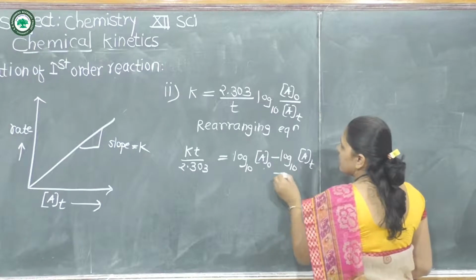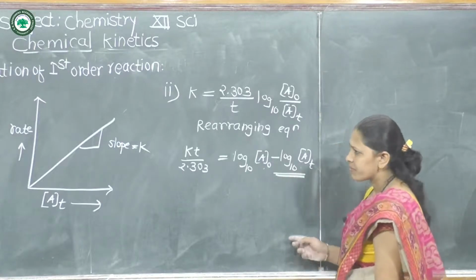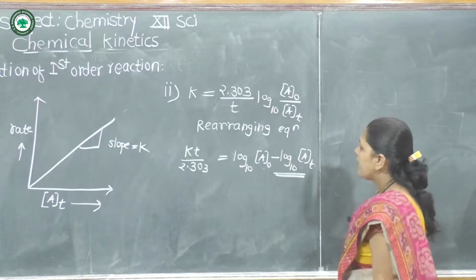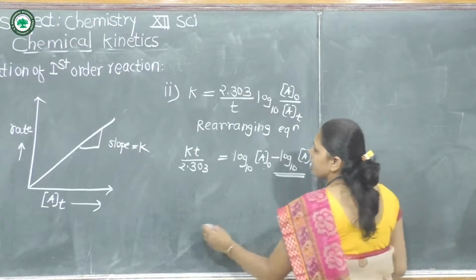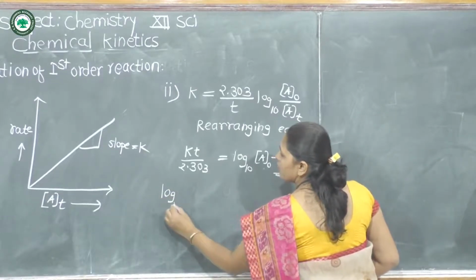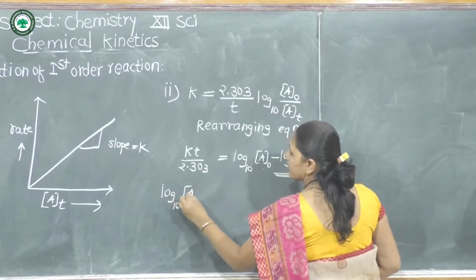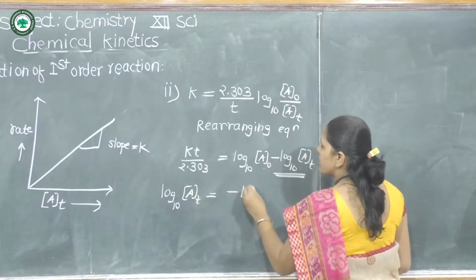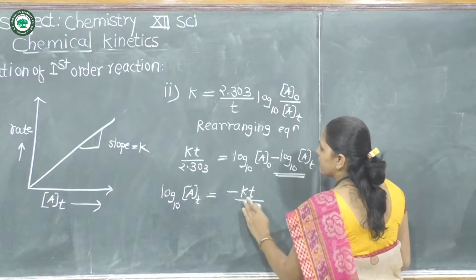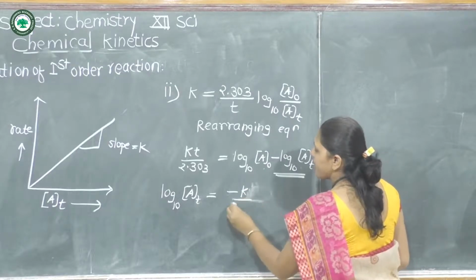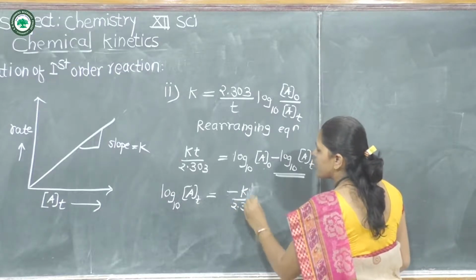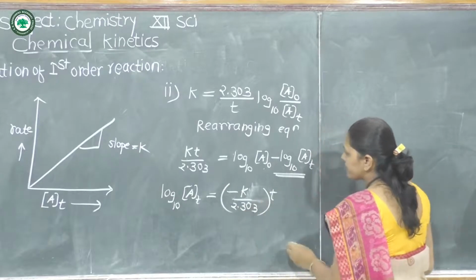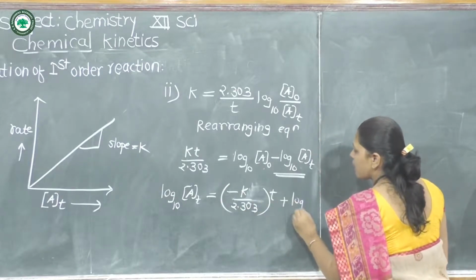Then bringing this negative term to the left hand side, we get log to the base 10 At is equal to minus k divided by 2.303 into t plus log to the base 10 A0.